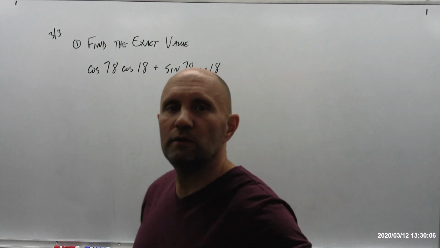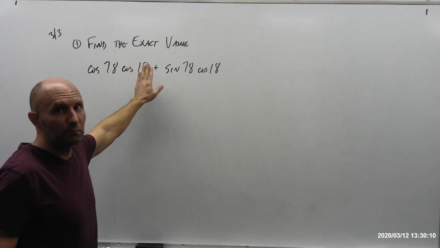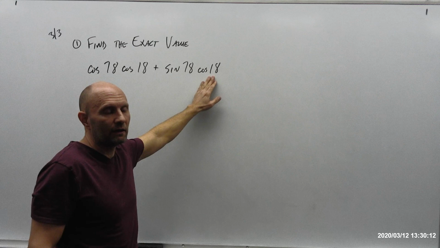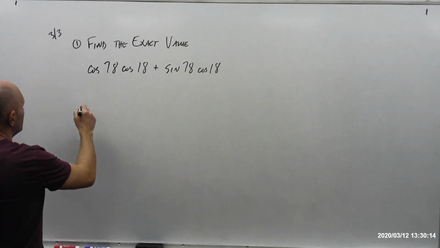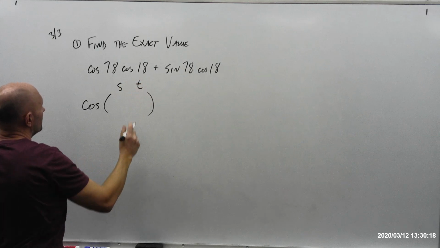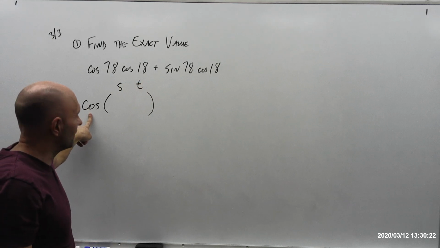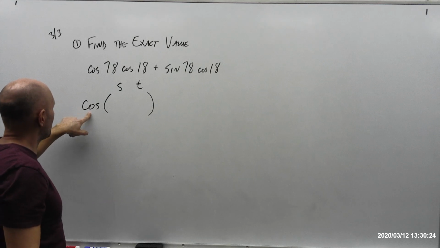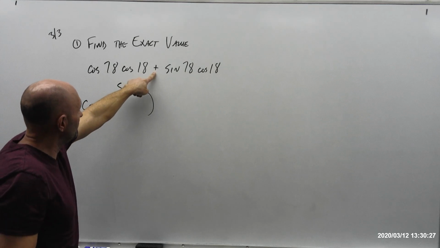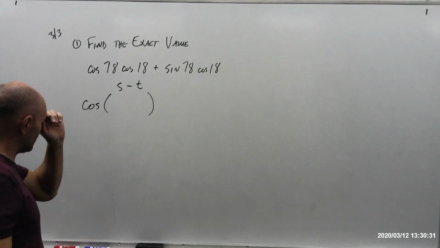Which of our sum and difference formulas has the form cosine cosine plus sine sine? Well, it's our cosine. It's cosine of s and t, and cosine has an O, which is opposite. O associates with opposite. So because I have a plus in this formula, it's going to be minus when I compact it down.